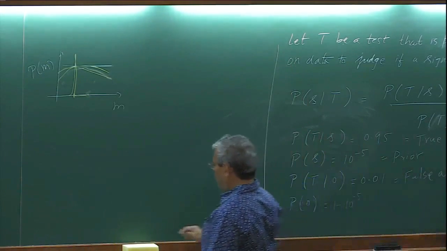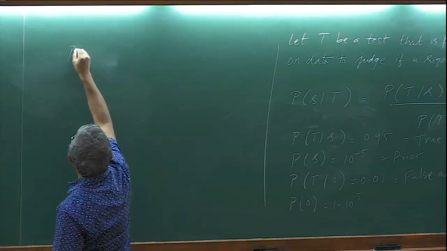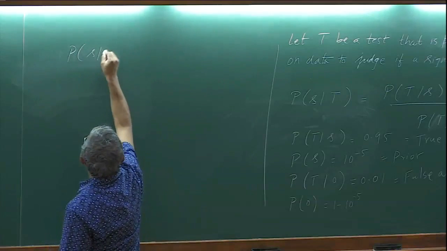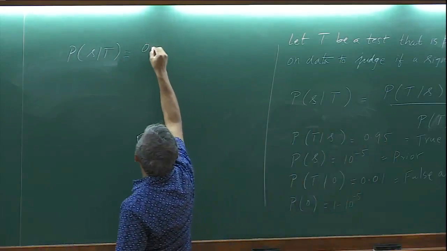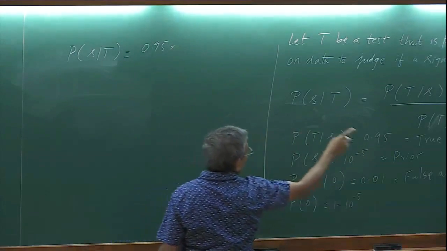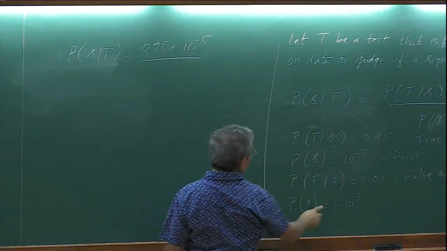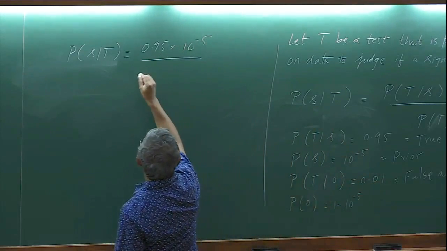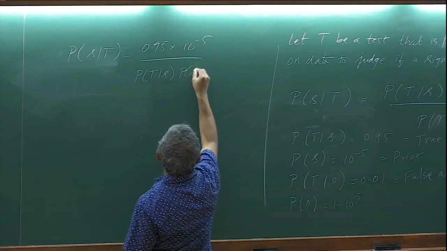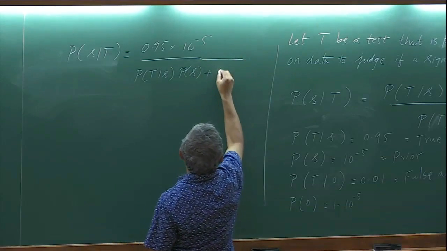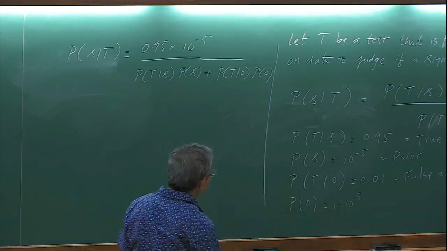Let's do this on the side here. Probability of S given T. We know P of T given S is 0.95, multiplied by P of S, which was 10 to the minus 5, divided by P of T, which is P of T given S times P of S plus P of T given 0 times P of 0. We know all those things.